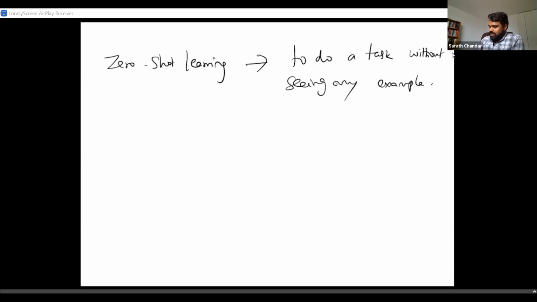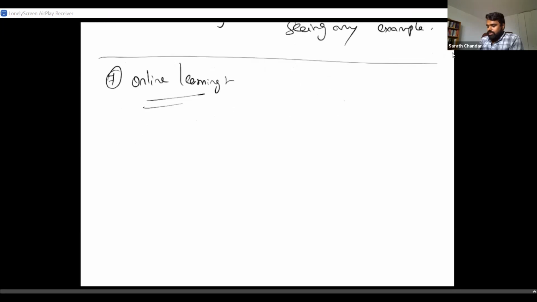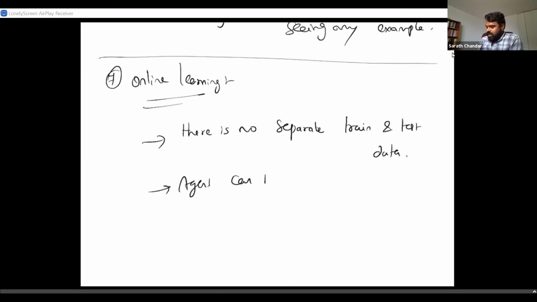Now let's move to the next paradigm, which is the idea of online learning. In the case of online learning, there is no separate train and test data. Also, the agent can never see the same example again.